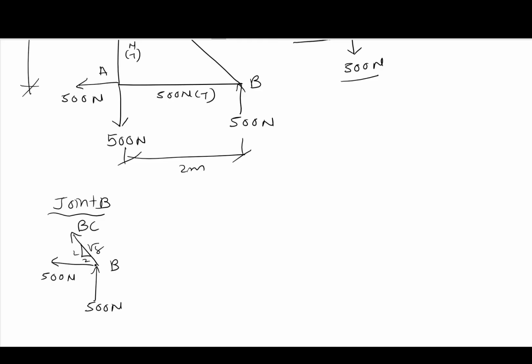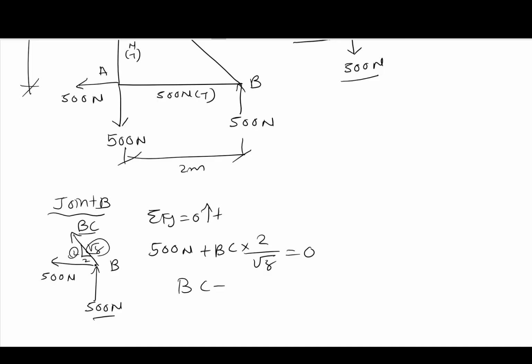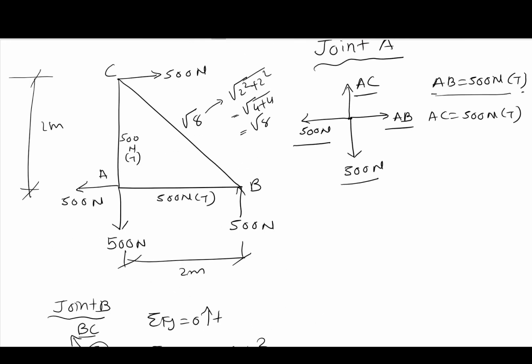Now we can say the sum of the force in Y, upward is positive, so we have 500 Newton going up, and the vertical component of BC is 2 over square root 8, equal to 0, so the BC value is minus 707 Newton, and that is in compression. So BC would be 707 Newton in compression.